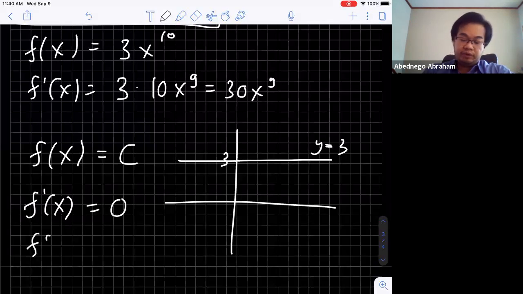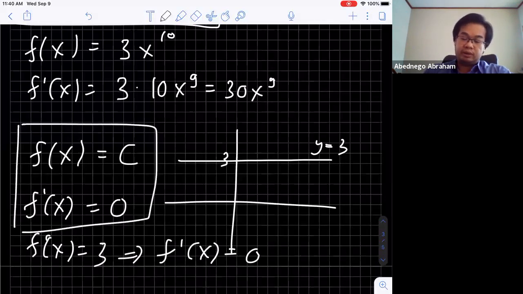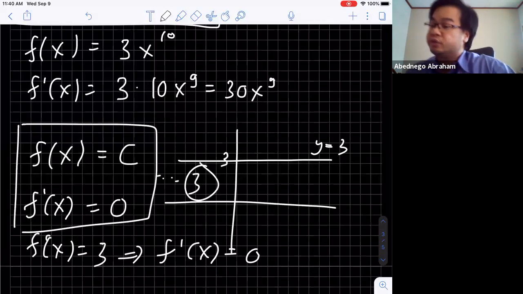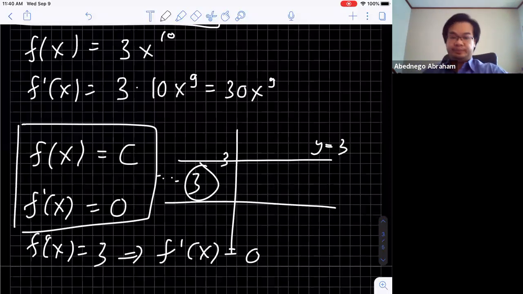So for example, if f(x) equals 3, then f prime of x in this case will be equal to 0. So this is the third property. These 3 properties are summarized in your book, page 88, the gray box, properties of differentiation.